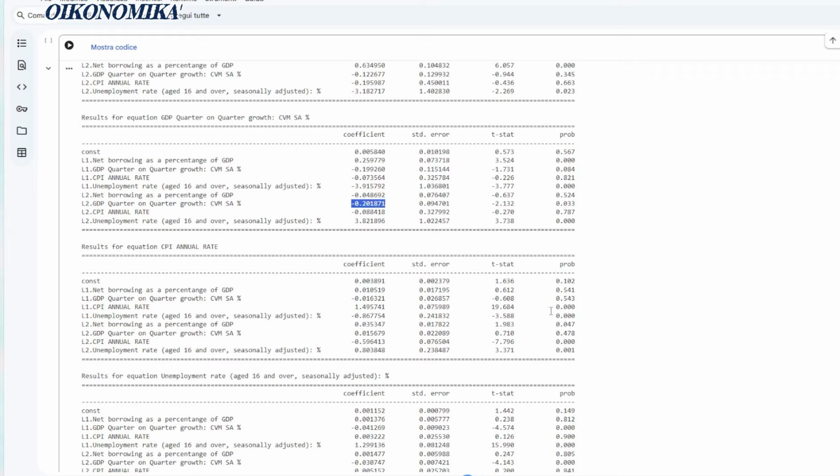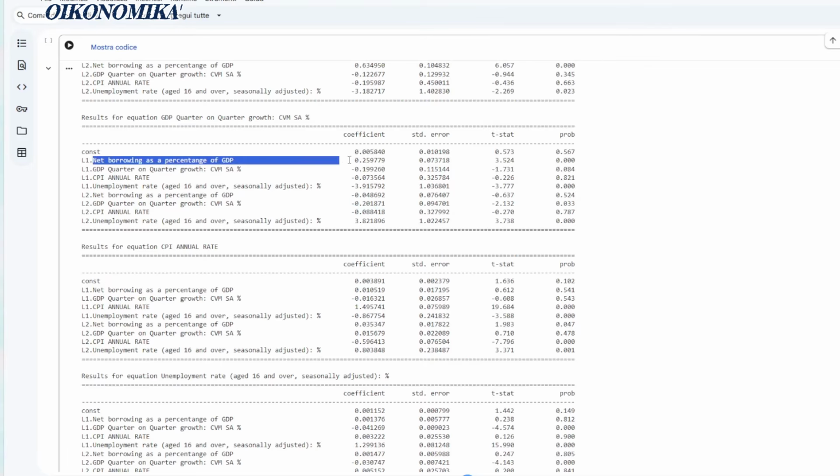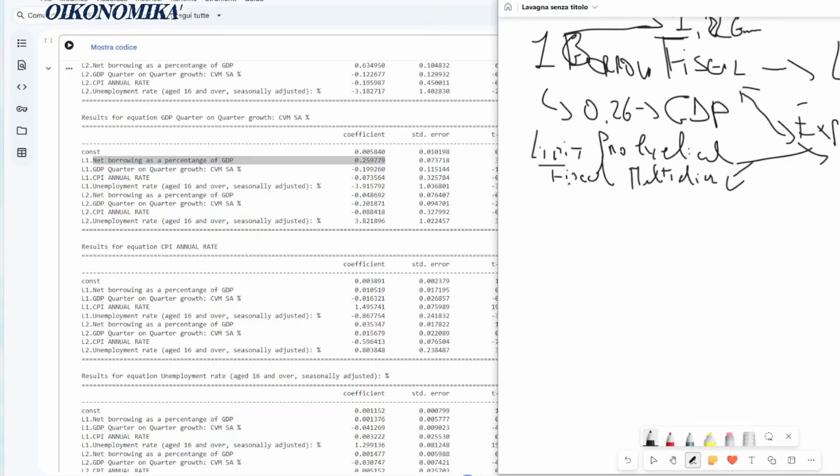That's a coefficient factor that brings forward the negative growth from one quarter to another. And that is very difficult, okay, because let's analyze this. If the government can do 1% of fiscal spending and then GDP is 0.26, it's this one, okay. But then if 1 month before I have a negative GDP, what happens is that we net out the effect here.